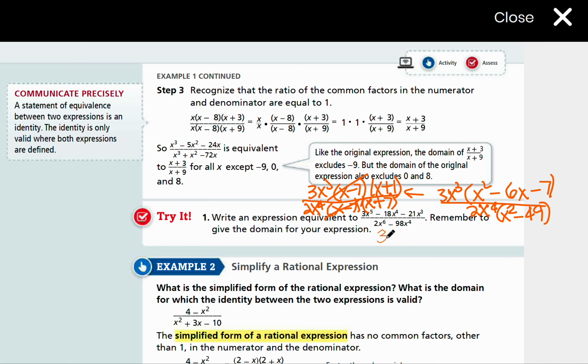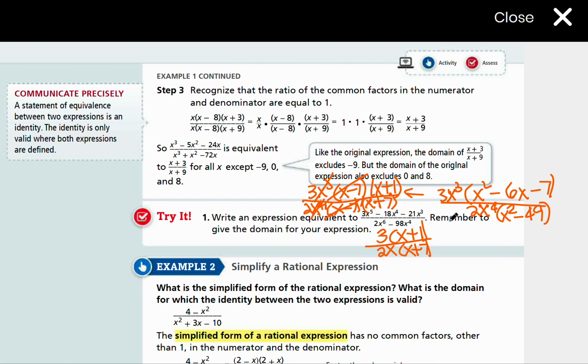So we have 3x cubed. Oh, we can cancel out the x, right? So this one you can cancel them out except 1x here. So 3 times x plus 1 is the simplified expression, all over 2x times x plus 7.